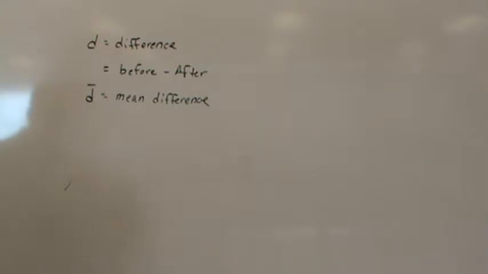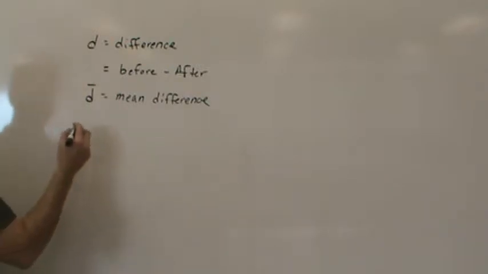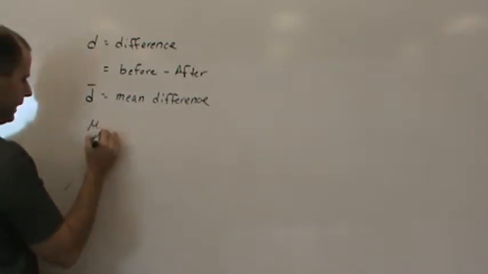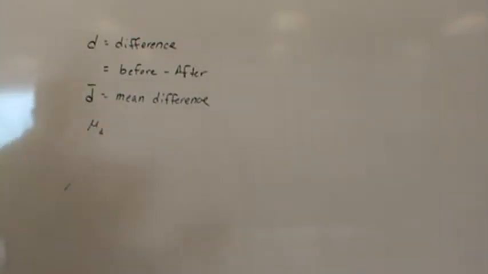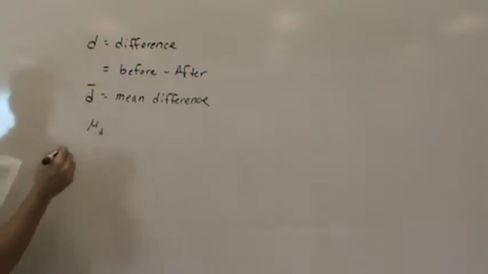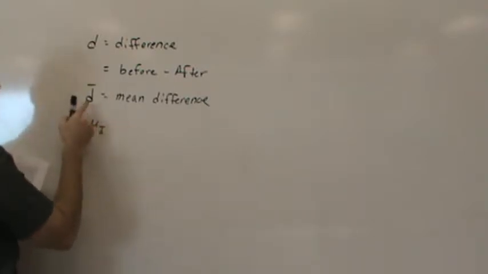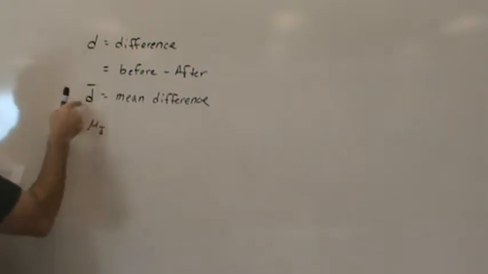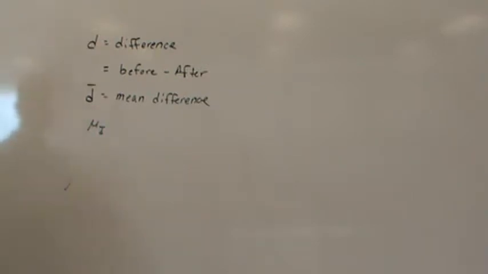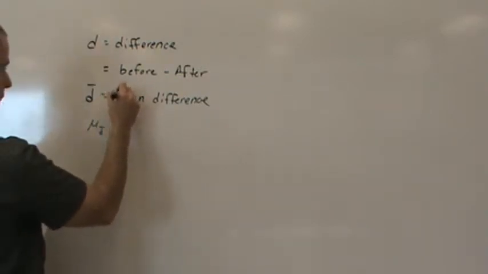Now, we're going to find that this has a particular distribution. From the central limit theorem, we're going to use mu sub d bar, because we're looking at the sampling distribution of d bar, the sample mean difference.